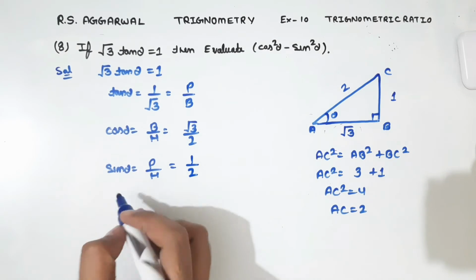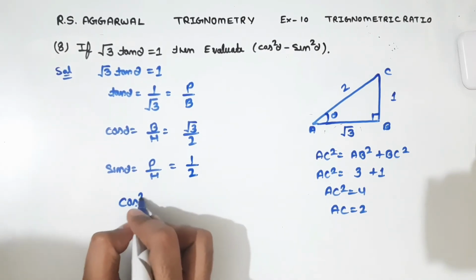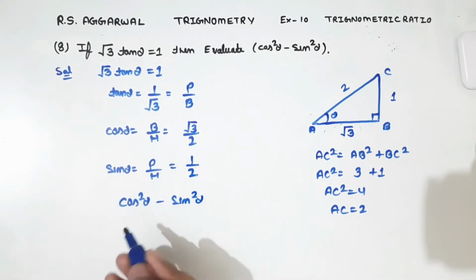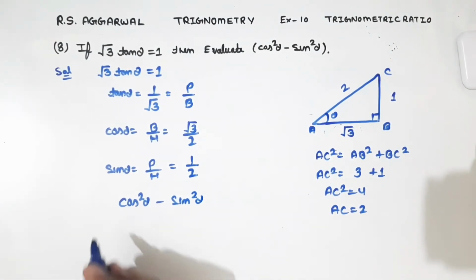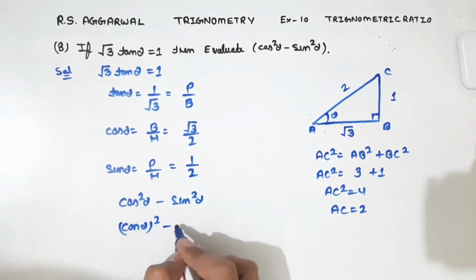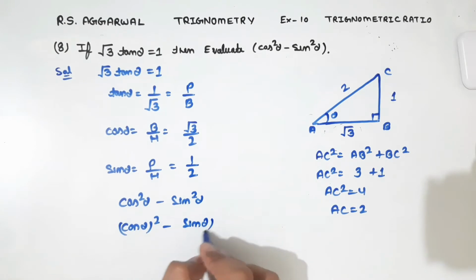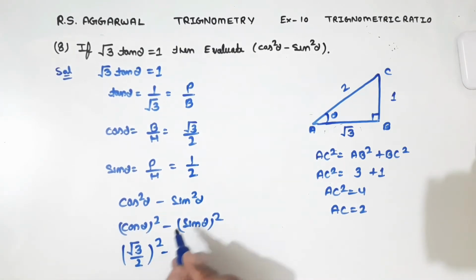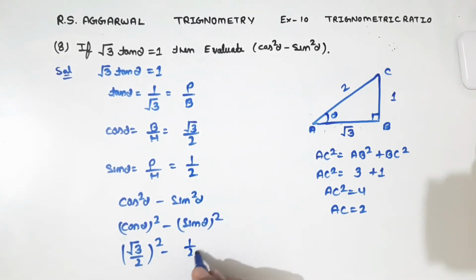So now we have to evaluate cos square theta minus sin square theta. We can write it as cos theta whole square minus sin theta whole square. So cos theta is under root 3 upon 2 whole square minus sin theta, that will be 1 upon 2 whole square.